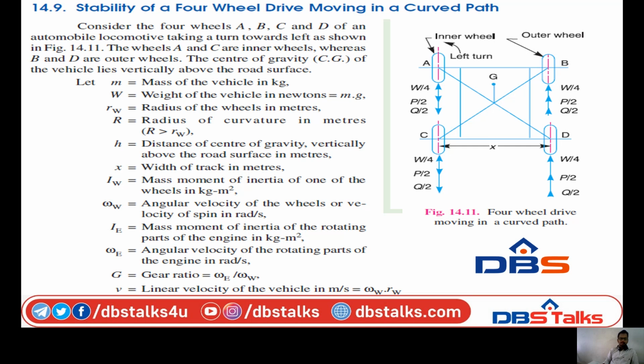A little consideration will show that the weight of the vehicle, W, will be equally distributed over the four wheels, acting downwards. As we know, the entire weight is to be balanced on the four wheels, then only the vehicle moves in a smoother manner. The weight always acts in the downward direction only.